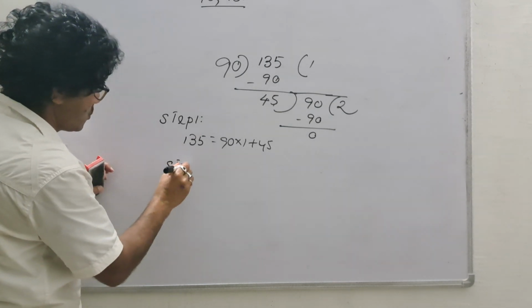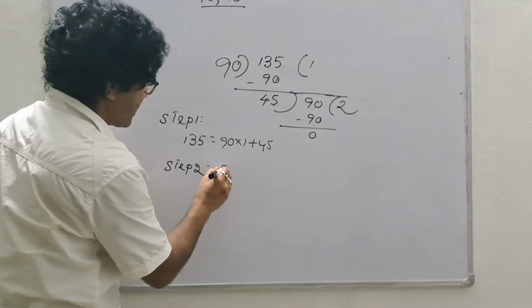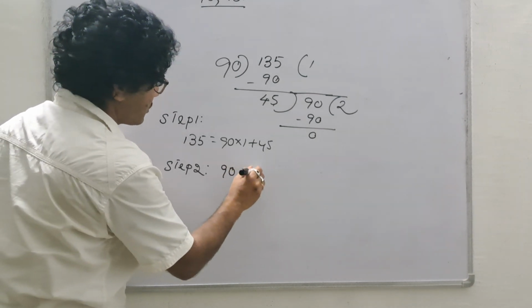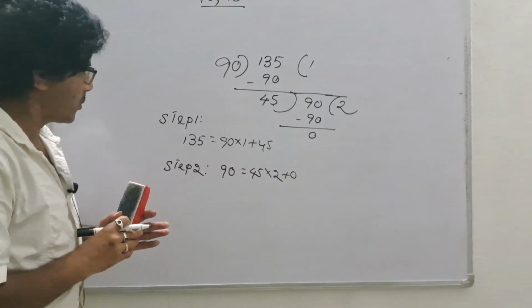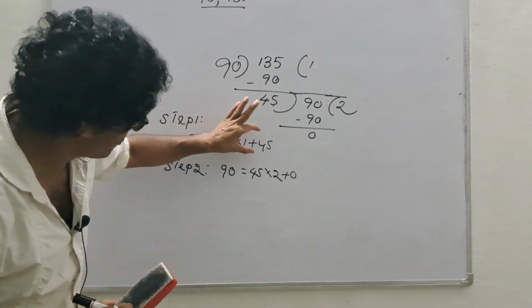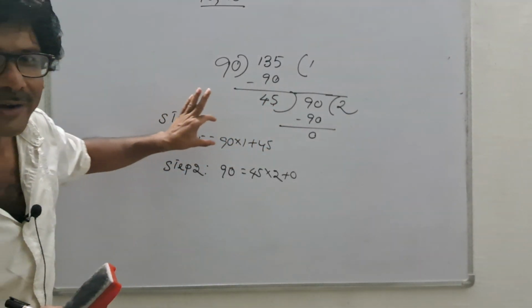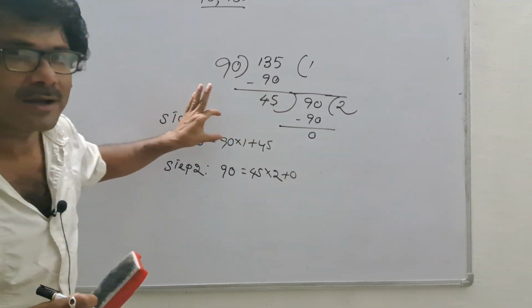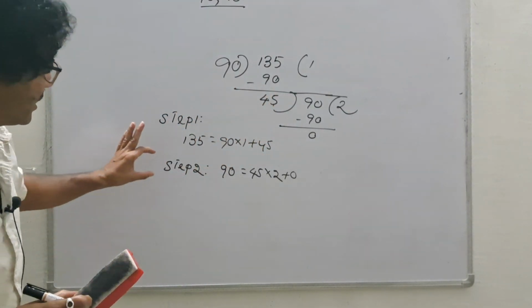Step 2: 90 is equal to 45 multiplied by 2 plus 0. So you see here in this step we used Euclid's division lemma, so you have to learn the lemma. For this, watch my previous video, Real Numbers part 1.